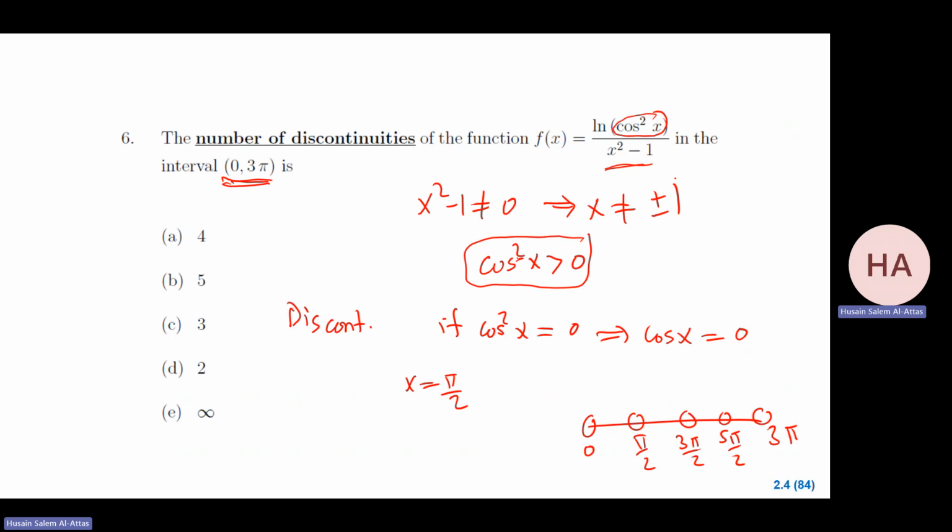Also, I need to avoid -1 and 1. -1 is outside the interval given, so I'm not concerned about it. With 1, where is it? 1 is somewhere here, and I need to avoid it. So I have 1, 2, 3, 4 points of discontinuity.